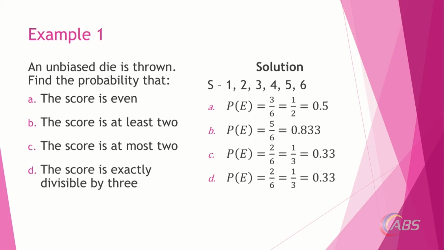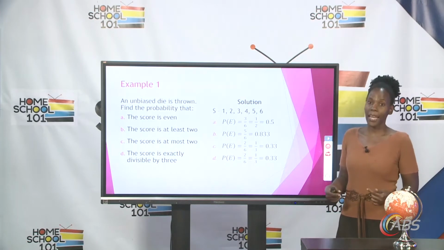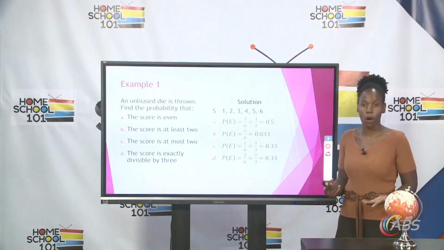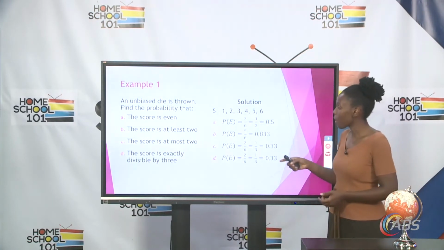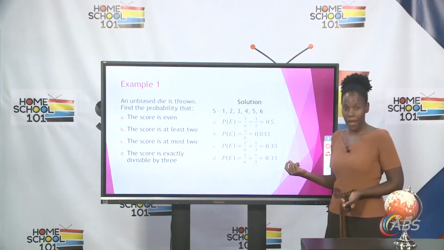The first thing we need to do is define our sample space. If we toss a die, what are the possible outcomes? The die has 6 faces, numbered 1, 2, 3, 4, 5, 6. So our sample space consists of the values 1, 2, 3, 4, 5, and 6.